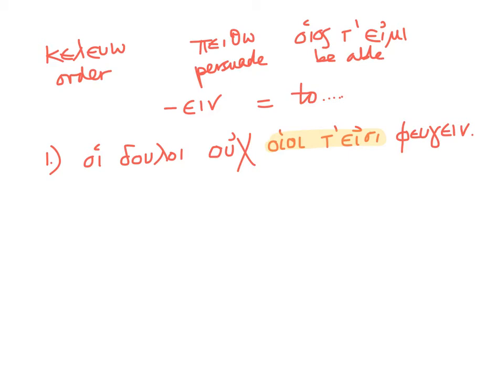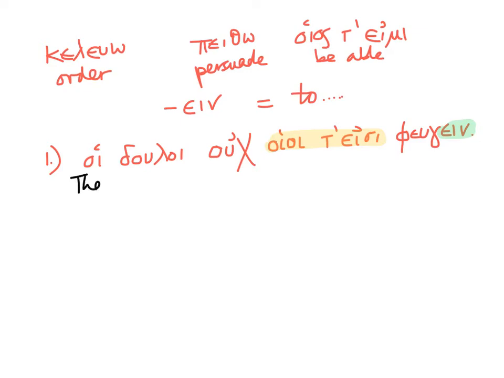And I hope you also recognise that the epsilon iota nu at the end of pheugein is our infinitive. So we're going to translate that verb as to do what the action is.